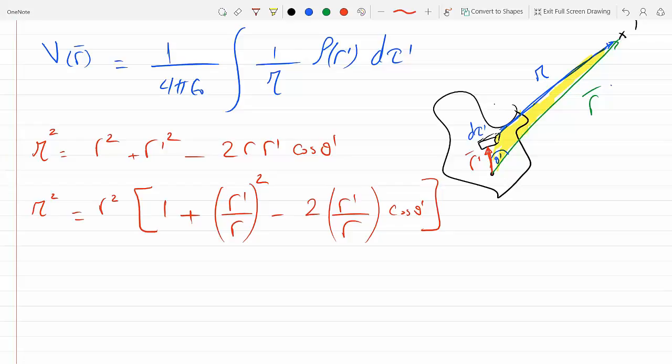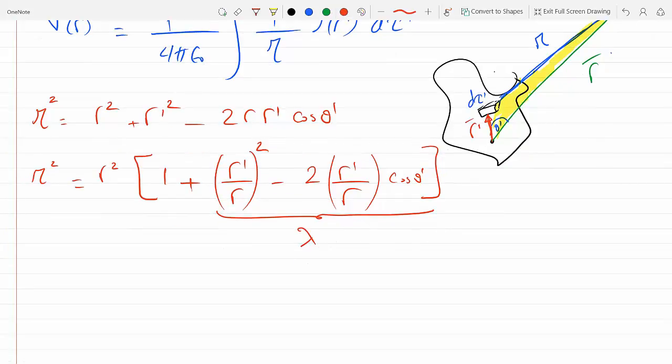Why don't we call this guy here lambda? Let's go with lambda, something we know the name for. If I call this lambda, then my separation vector becomes the square root of r squared, which is r, times the square root of 1 plus lambda.